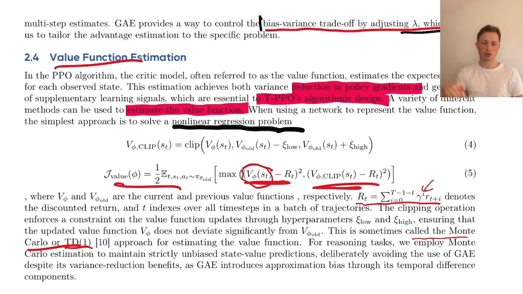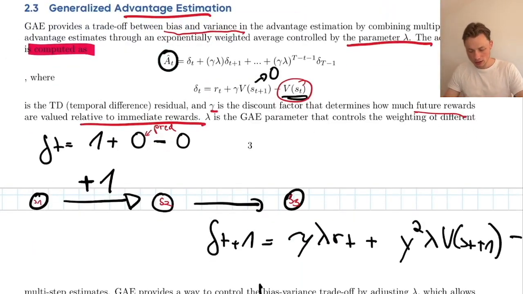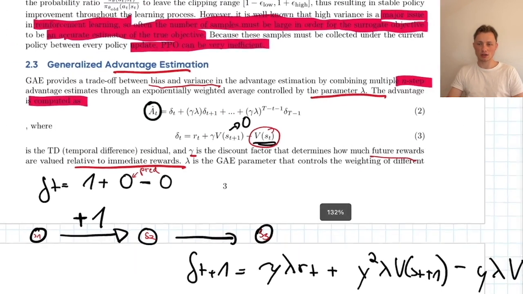And this is something they later change, and now we have a model that can give us for any state a value function which tells us the reward we will generate in the future from this state. Okay, and now let's understand how we can calculate the generalized advantage estimation.